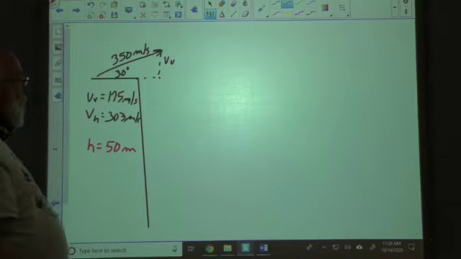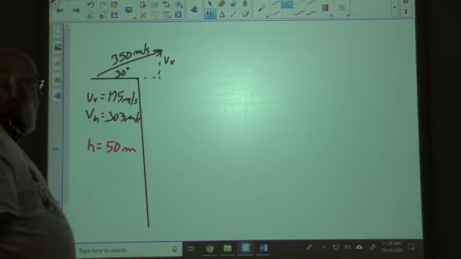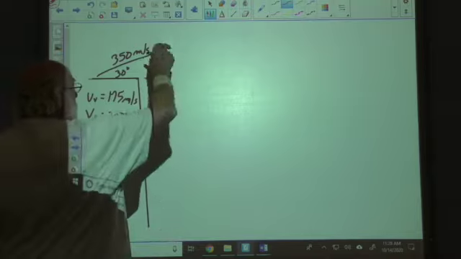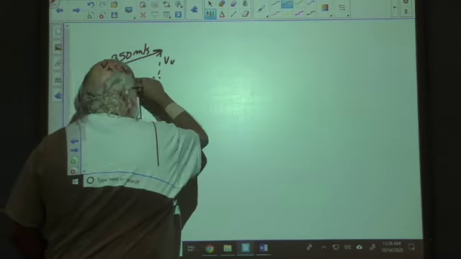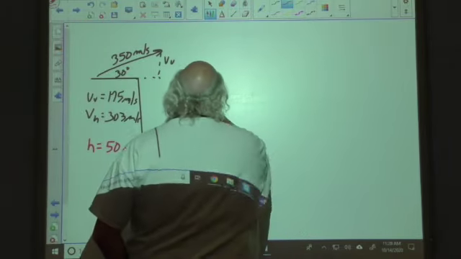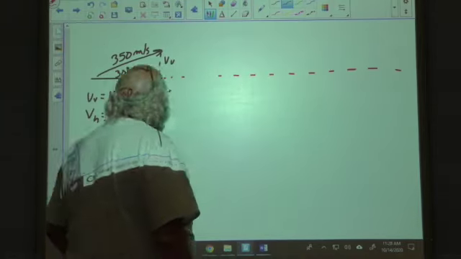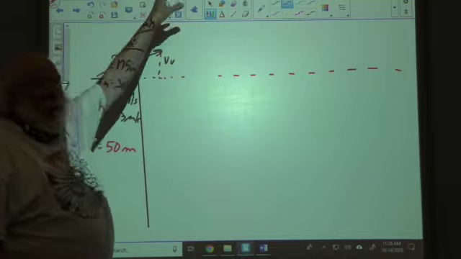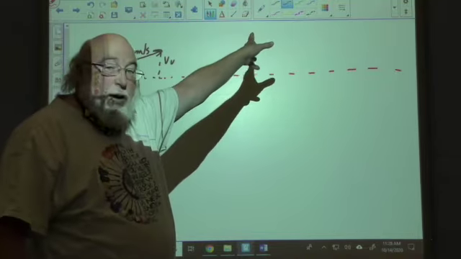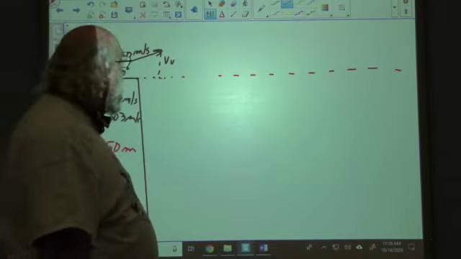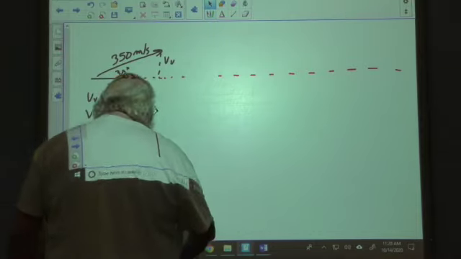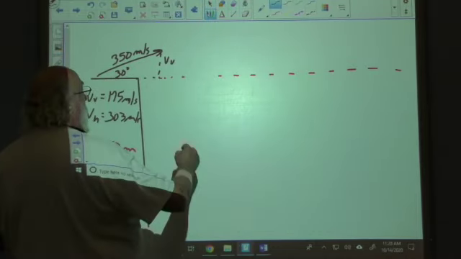All right, and the other thing that's rather interesting here is that since all the calculations are the same, if we pretend this is the ground right here, if I just draw this across like this, then the time it takes to reach the apex, the height of the curve, will be the same as if we shot it from the ground.